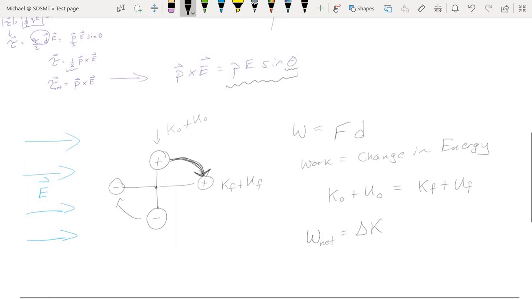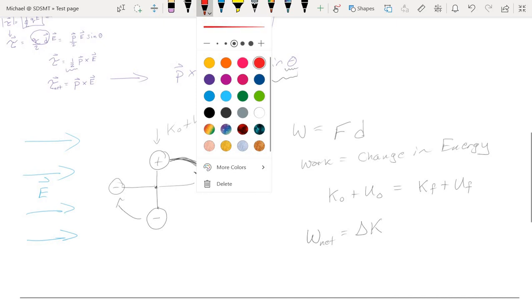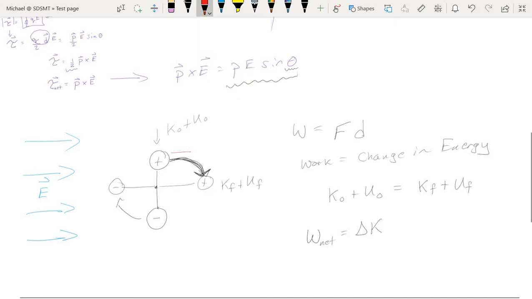So these forces that we're applying to our dipole are taking the dipole from an initial rest position, so we would have 0 kinetic energy to start with, and then we start moving, and now we have a kinetic energy that would not equal 0.